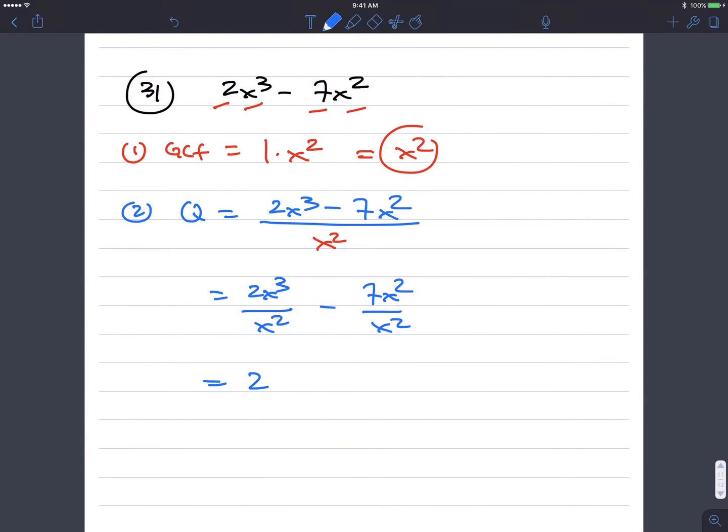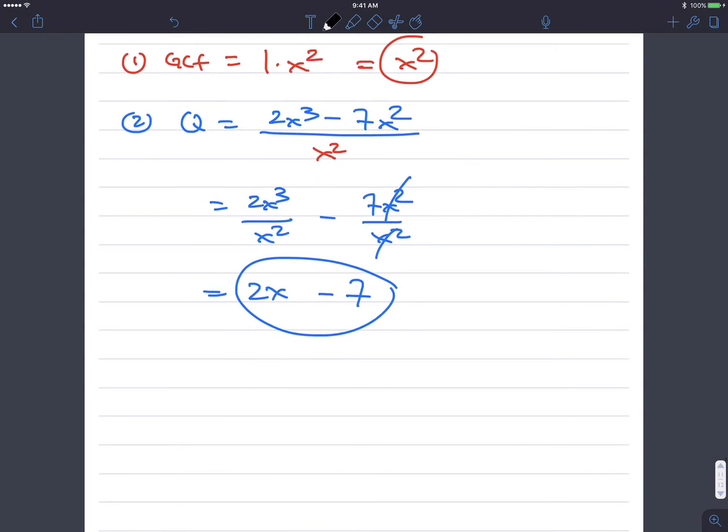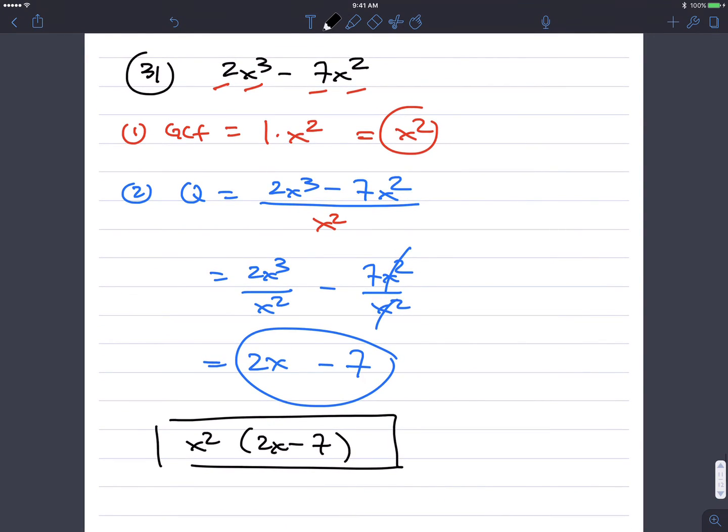What about x cubed divided by x squared? Isn't that just x? X squareds cancel, that's minus 7. So final answer, I get x squared times 2x minus 7. There you go. Here's number 31.